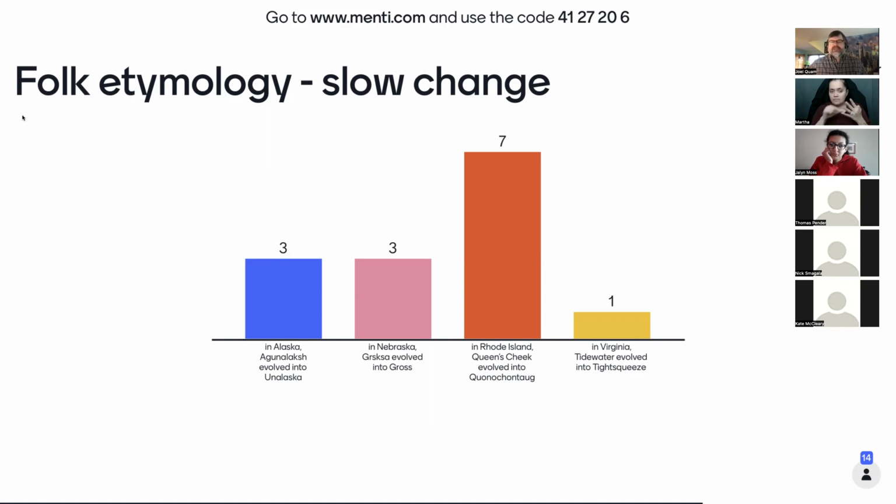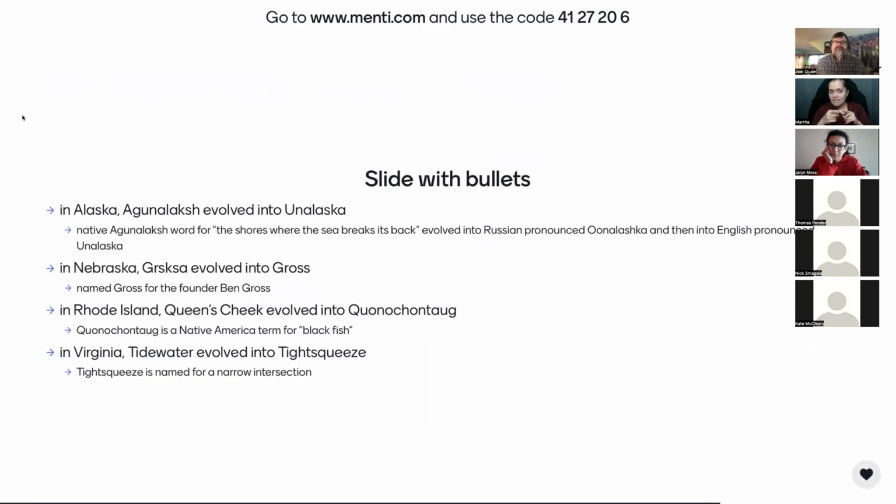Queen's Cheek, no, the place is very hard to pronounce, and it actually is a native term for blackfish. So it's the first one. It's Alaska. The natives named the place Aguanalaska, something like that, meaning the shores where the sea breaks its back.